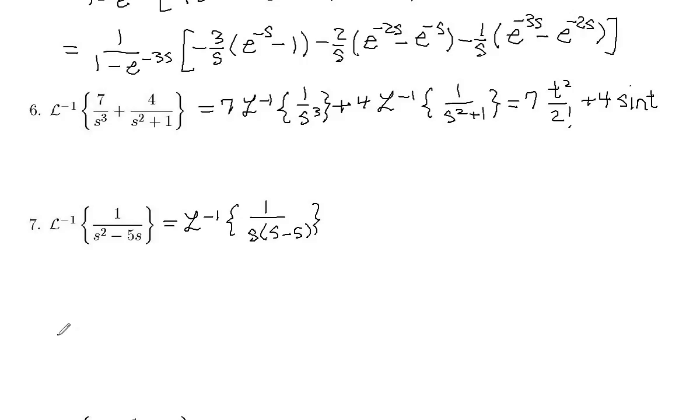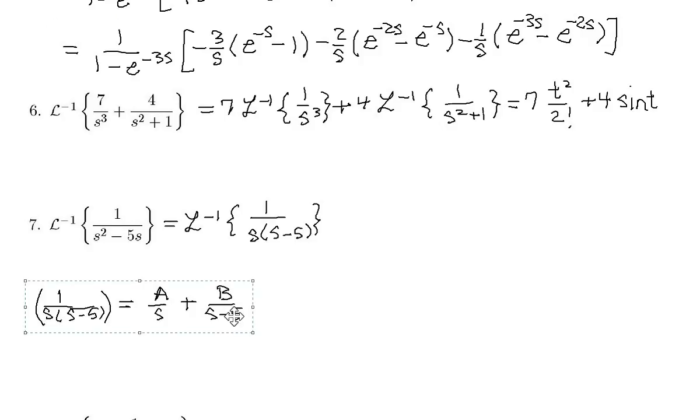So your partial fractions, you've got 1 over s times s minus 5 is equal to separate linear factors, so this is going to be a over s plus b over s minus 5. And then remember, you want to multiply through by the LCD.